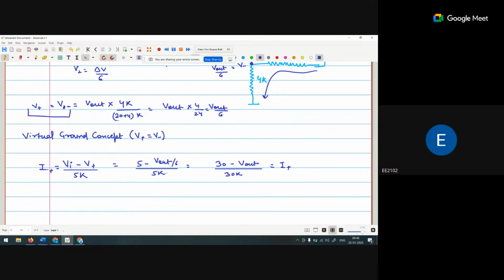Now, if this is the current, the current will be passing to the outside circuit.